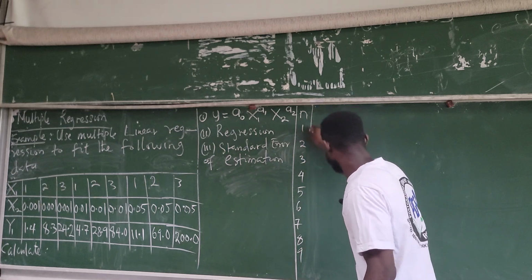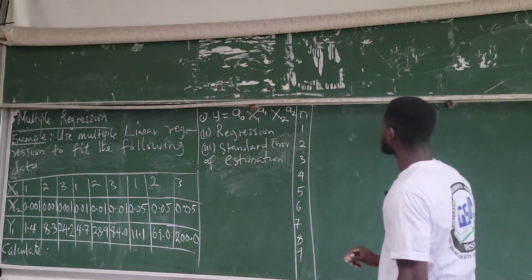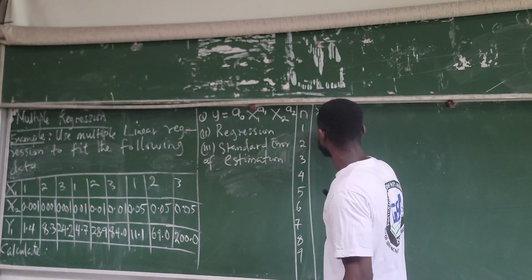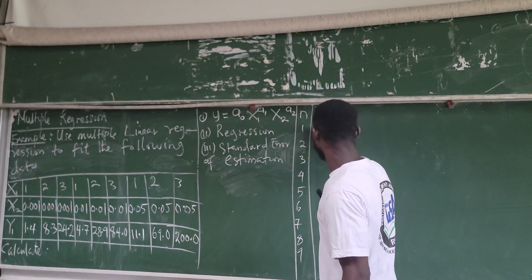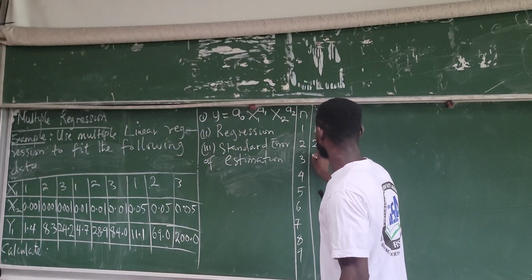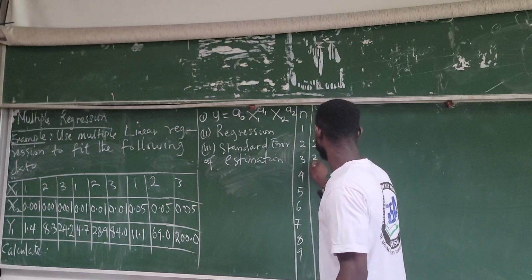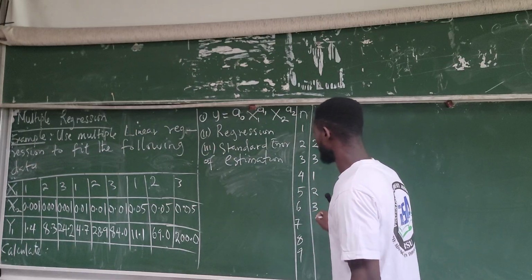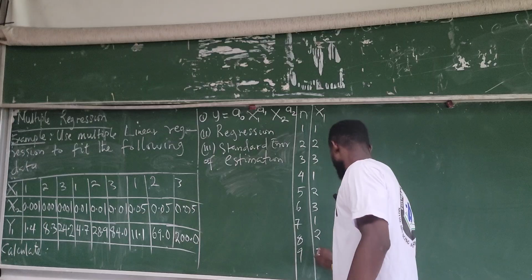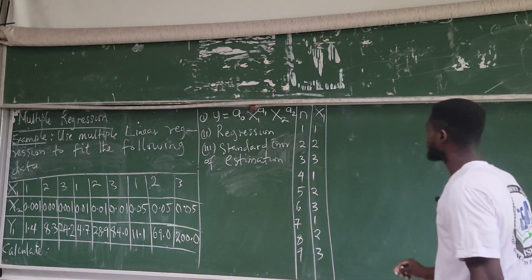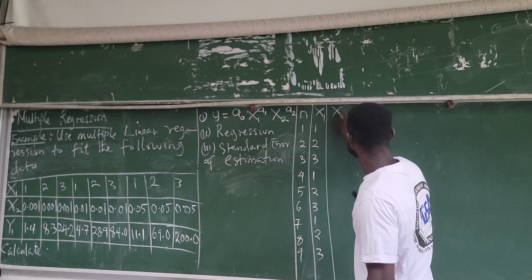After n, that's where we have our x1. Our x1 is 1, 2, 3, 1, 2, 3, 1, 2, 3.